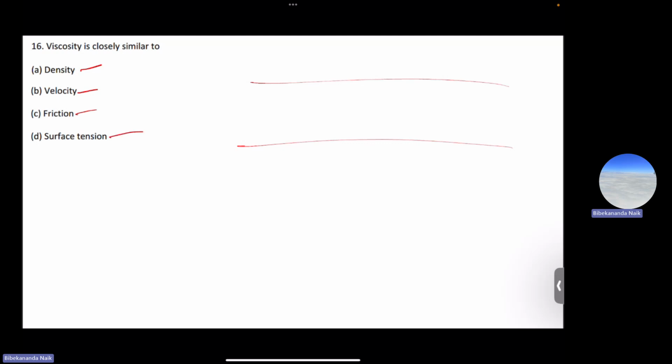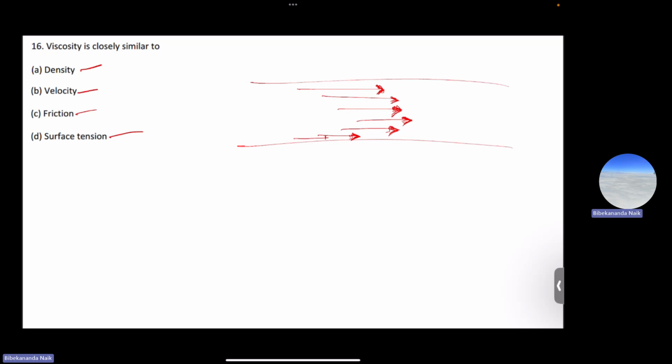Viscosity is defined as the property of the liquid due to which liquid flows through different layers. So when we draw a liquid flowing in different layers and the layers are perturbed, the force which acts against the perturbation, the frictional force between the two layers, is called the property of viscosity.